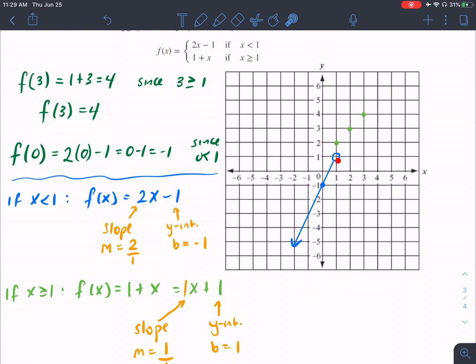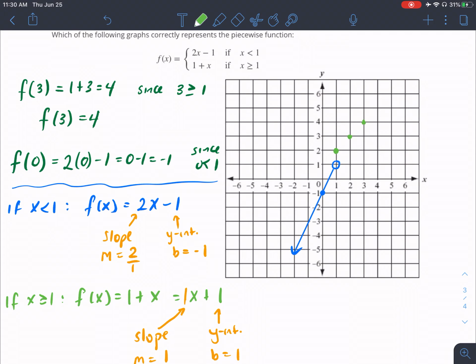Versus in the other one, positive 1 was not part of my input values for this part of the piecewise function, which is why I have an open circle. So because 1 is included, it's going to be closed, and then I connect it using my slope here, and then this would be the other part of the graph.